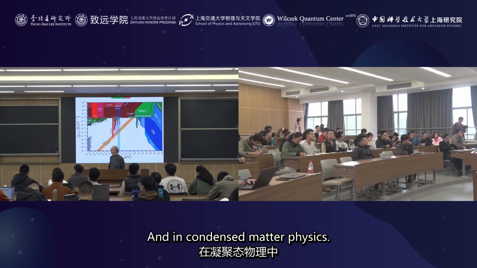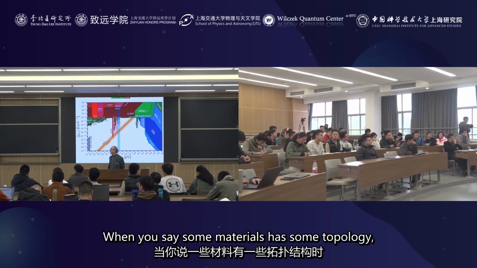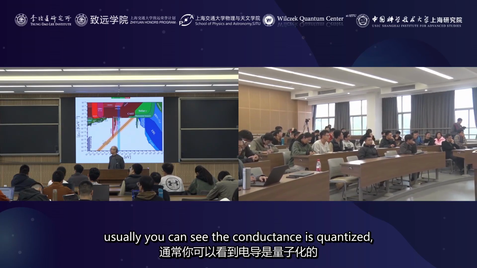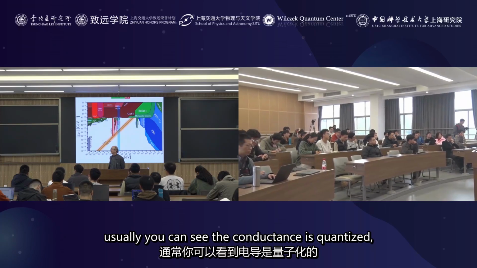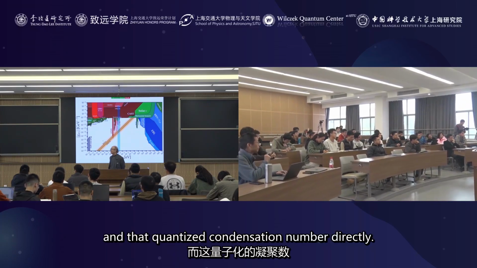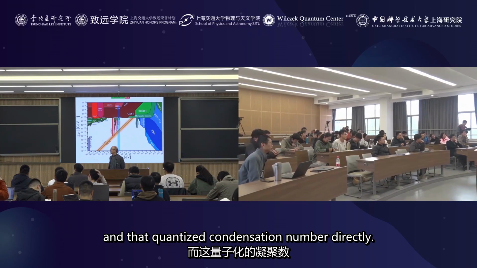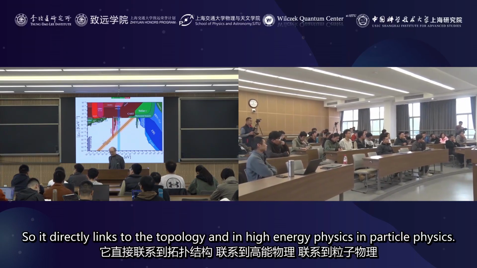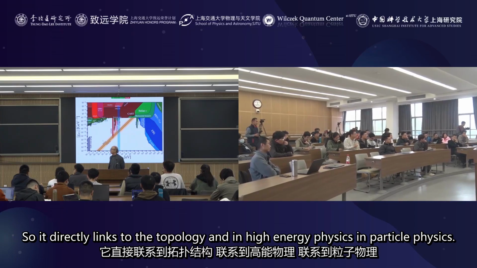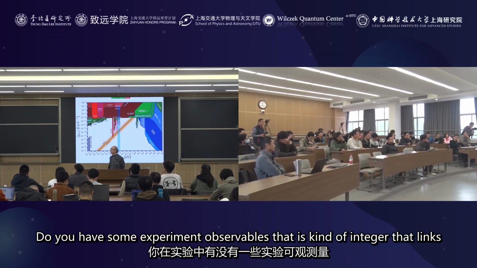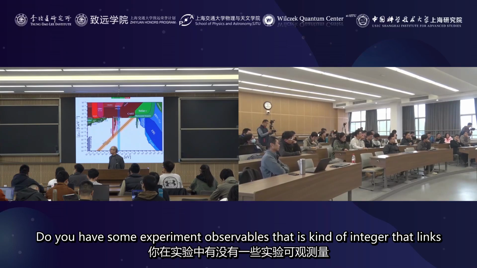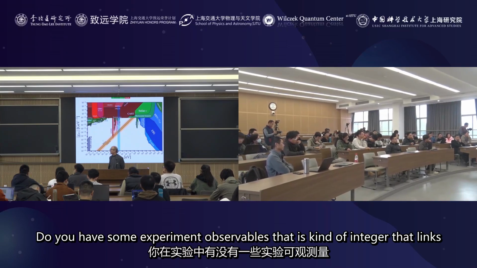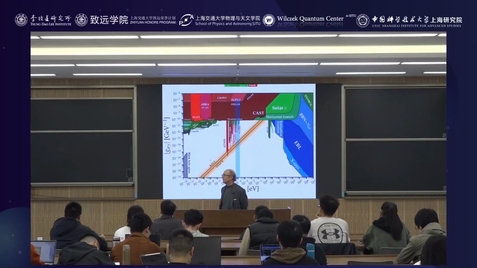And in condensed matter physics, when you say some material has some topology, usually you can see the conductance is quantized. That quantization number is discrete, so it directly links to the topology. And in high energy physics, in particle physics, do you have some experimental observables that are kind of integer that link to topology?